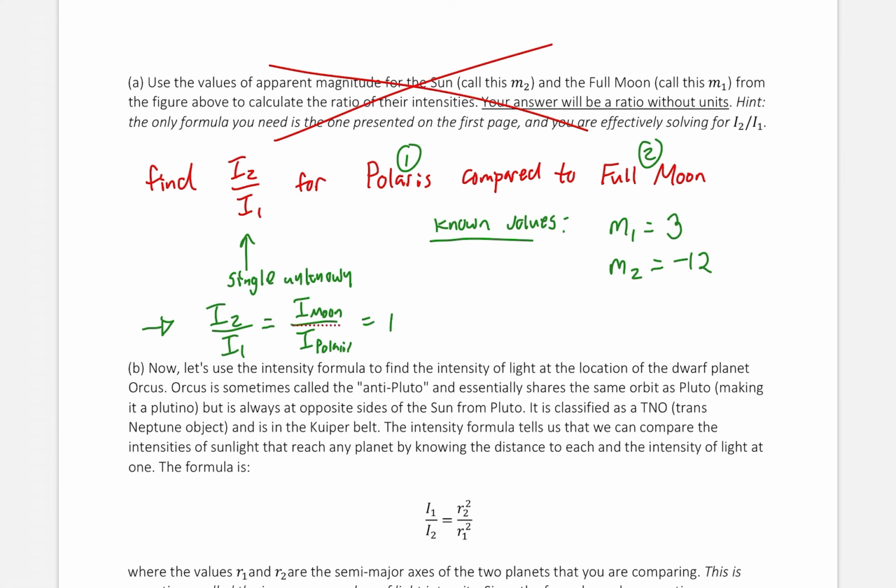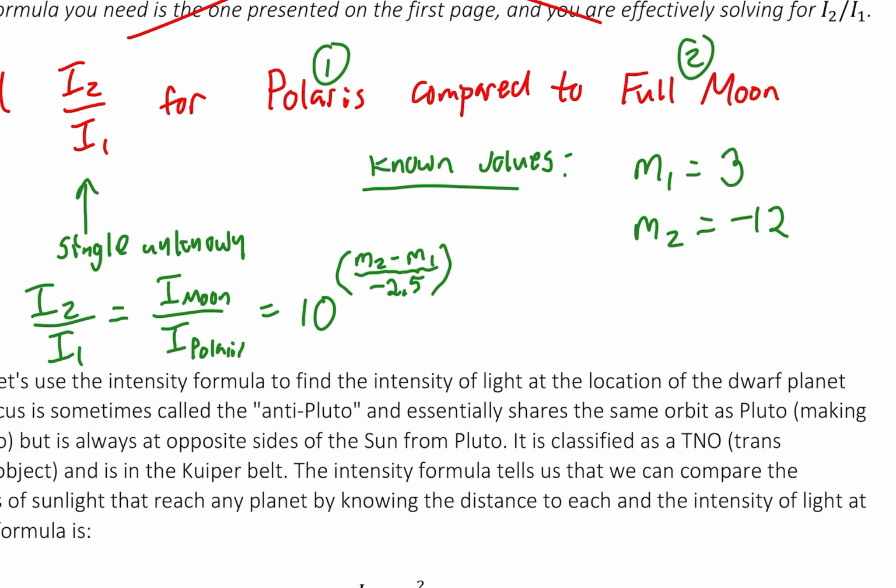And then once I've done all the math to solve for that ratio of intensities that used to be within the logarithm, I would have 10 raised to the power of M2 minus M1, divided by negative 2.5. Now I could have distributed that negative instead of having it in the denominator. So then it could have been M1 minus M2 divided by positive 2.5, but that's not really necessary.